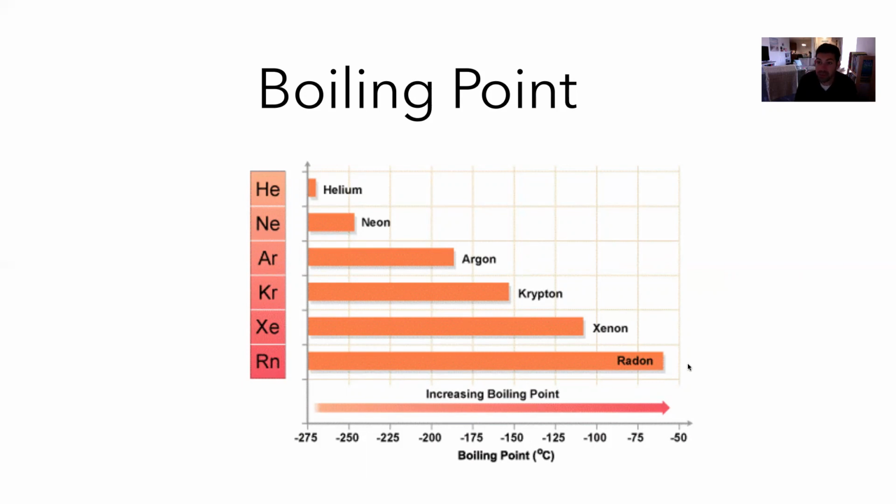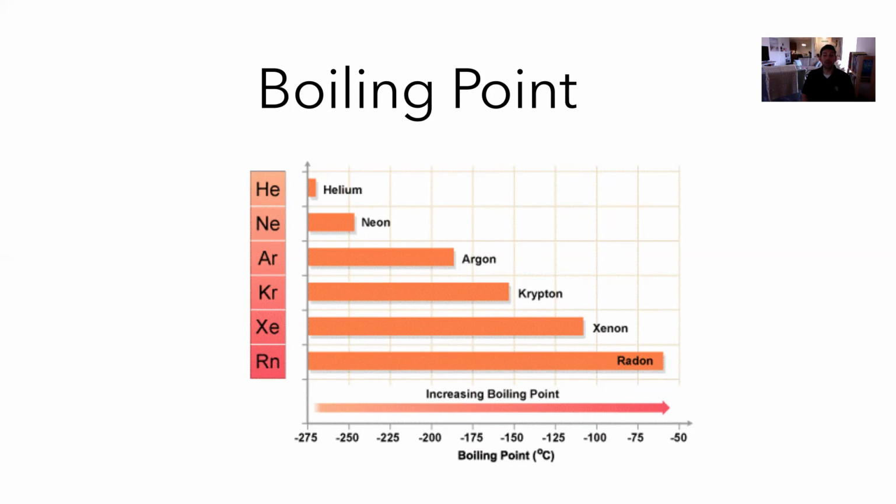The boiling point is increasing because there's more attraction with an element like radon or xenon, right? Now, boiling is essentially breaking apart the attractions between molecules in the liquid and getting them into that gas phase. Right? That gas phase is where there's very little attraction.